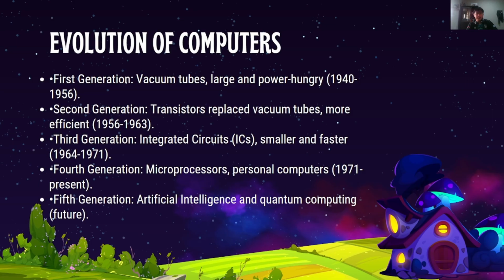Third generation, integrated circuits or ICs, smaller and faster, from 1964 to 1971. Fourth generation, microprocessors, personal computers, from 1971 to present. Fifth generation, artificial intelligence and quantum computing. The future.